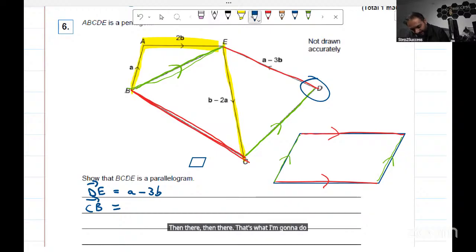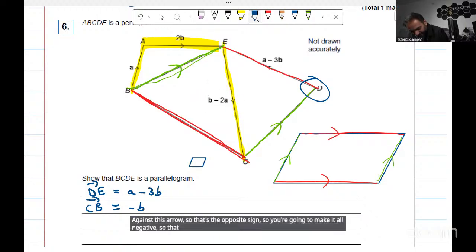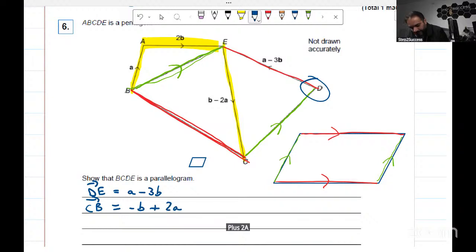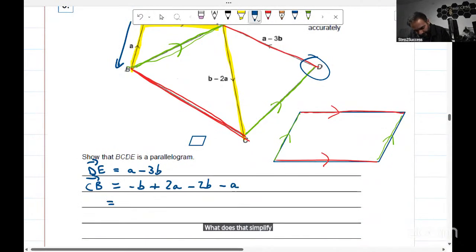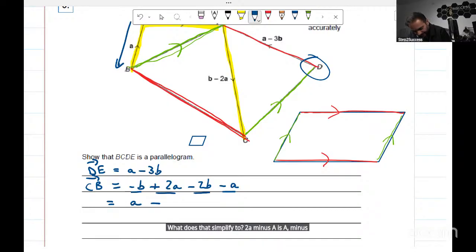C to B is against this arrow, so that's the opposite sign. You have to make it all negative. So that's minus b plus 2a. Then you're going to go this way against that arrow, so that's minus 2b. Then you go this way against that arrow, so minus a. What does that simplify to? 2a minus a is a. Minus b minus 2b is minus 3b.